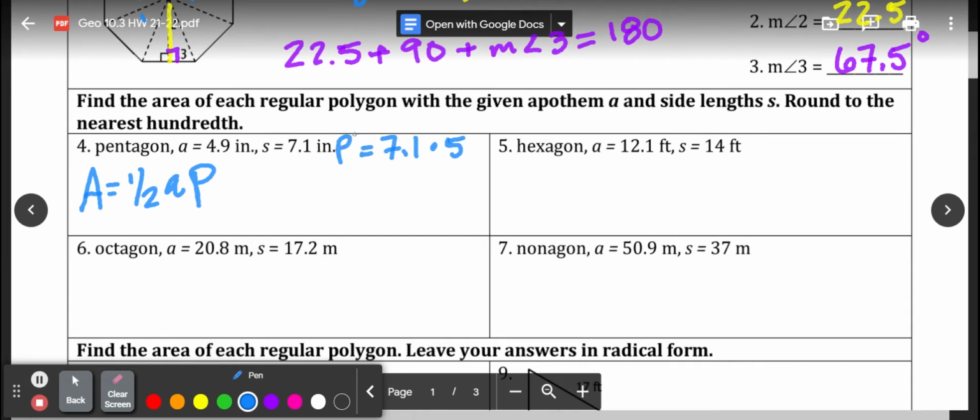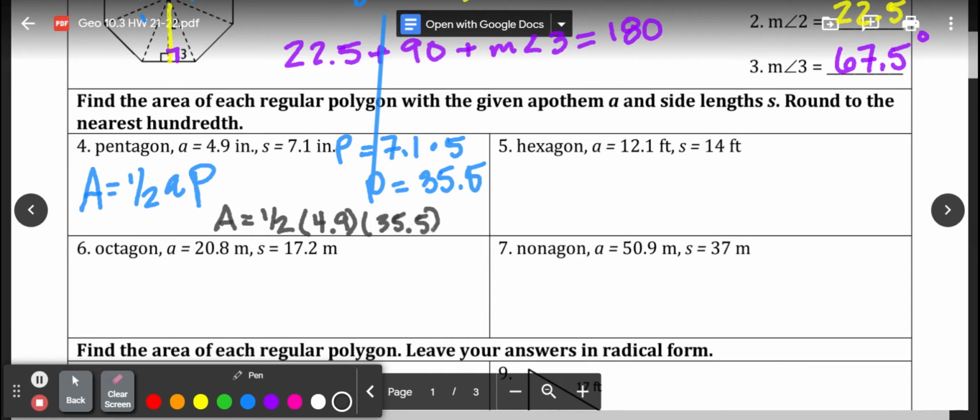If I calculate that out, 7.1 times 5, we get that our perimeter is equal to 35.5. So we have our perimeter and we have our apothem, so we just have to multiply them together. Area equals 1/2 the apothem, which is 4.9, times the perimeter, 35.5.